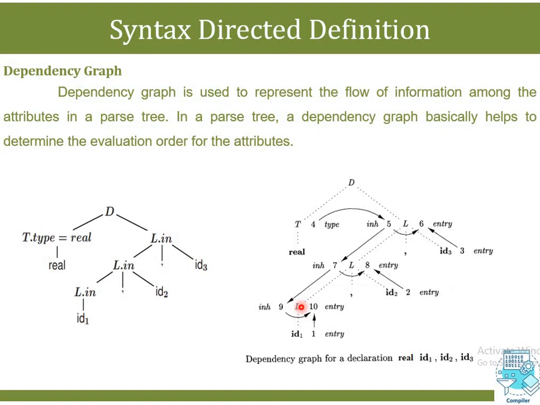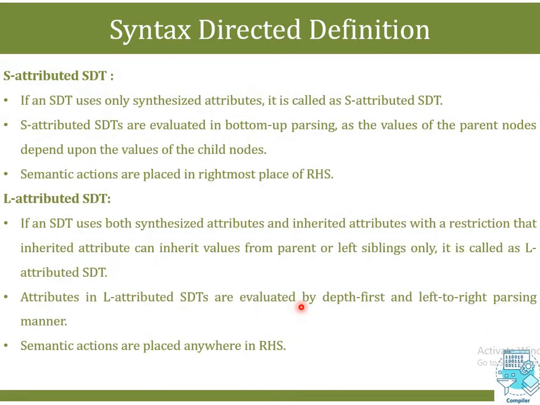One order we will get when we perform topological sort is 1, 2, 3, 4, 5, 6, 7, 8, 9, 10. This is one possible order. So when you evaluate the nodes in that order, you can evaluate the attribute values without any difficulties. So this is what the dependency graph is.